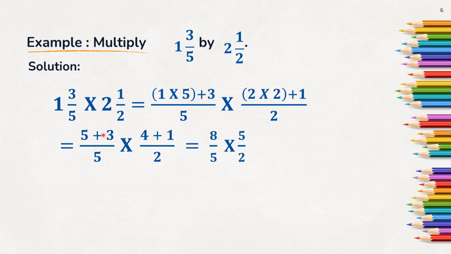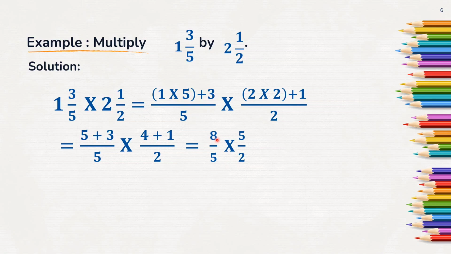So 5 plus 3 is 8 by 5. 4 plus 1 is 5 by 2. So here we got the improper fraction of 1 3 by 5, that is 8 by 5, and the improper fraction of 2 1 by 2 is 5 by 2.